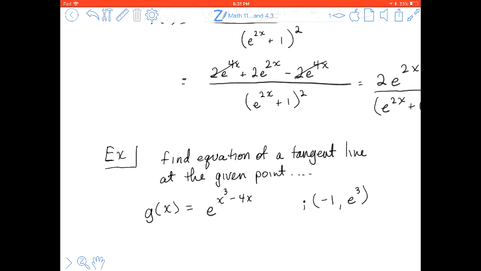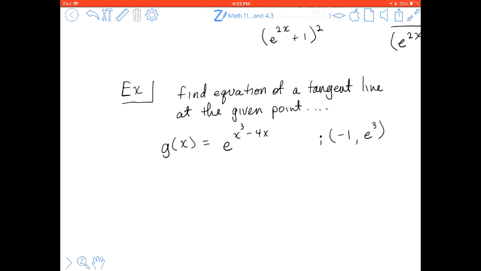So we first have to find the derivative, g prime, and I think that's going to allow us to find the slope of the tangent line at that point, and then we could find the equation. So, g prime.